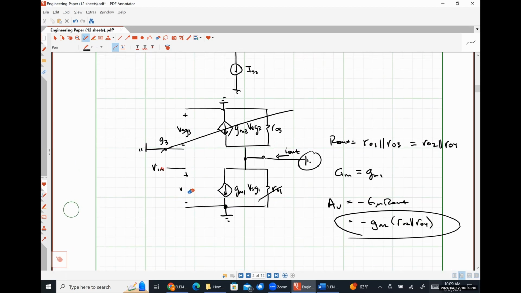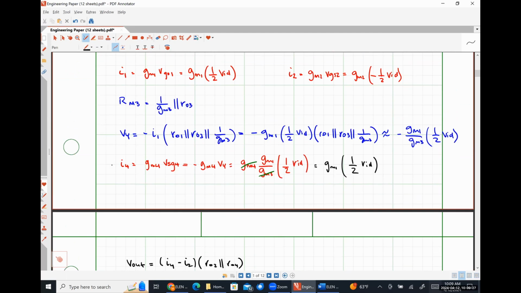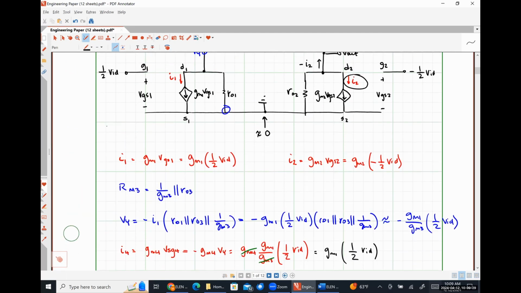Yeah, 100% VGS1 because it is a NMOS playing fast and loose. Yep. Mm-hmm. Okay.